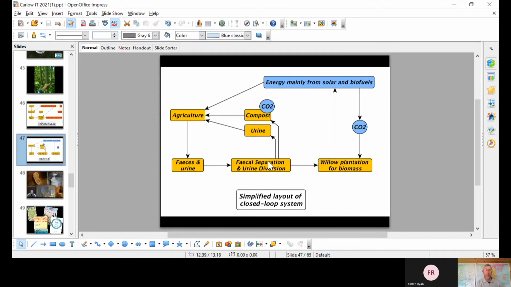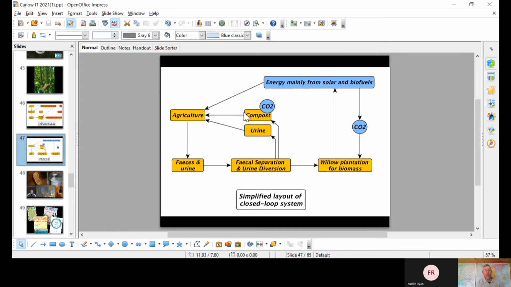And if we've got fecal separation, we can make fecal compost, human manure, and that in itself fixes atmospheric carbon dioxide. So basically, imagine it. You go to the toilet, you look in, the fertilizer is the yellow, and the solid bits are basically stored carbon that's been refined from the plants that have been grown.